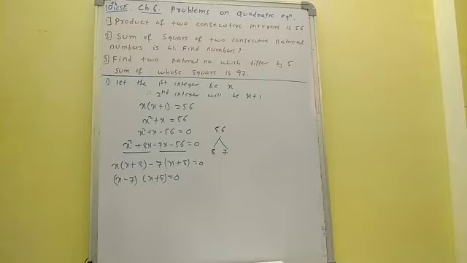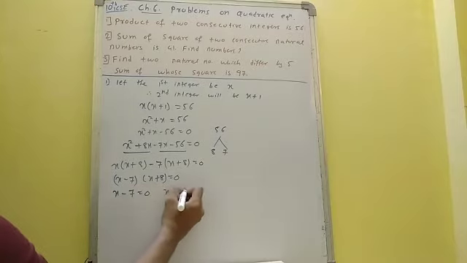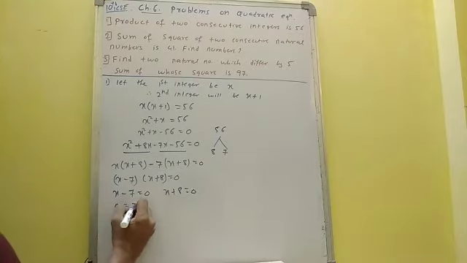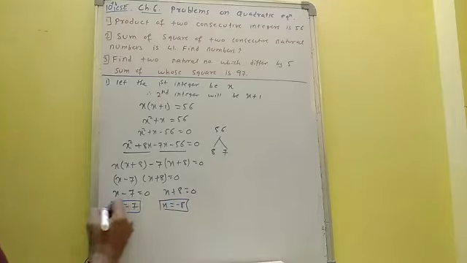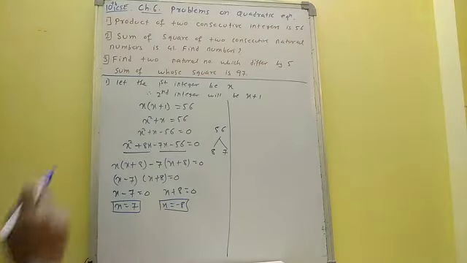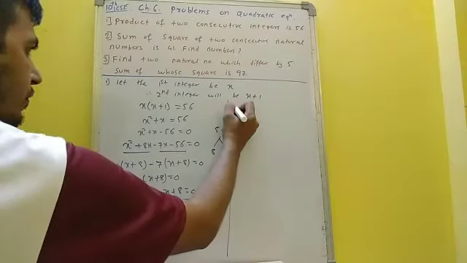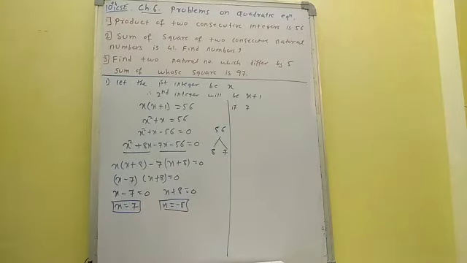So we have the value of x: x minus 7 is equal to 0, x plus 8 is equal to 0, so x is equal to 7 and x is equal to minus 8. If we take 7 as the integer, because integers can be negative, both the answers can be correct.